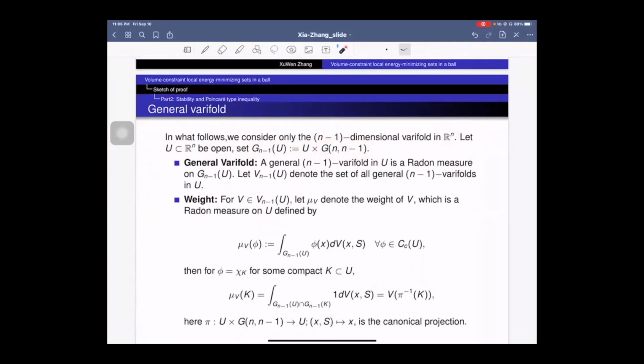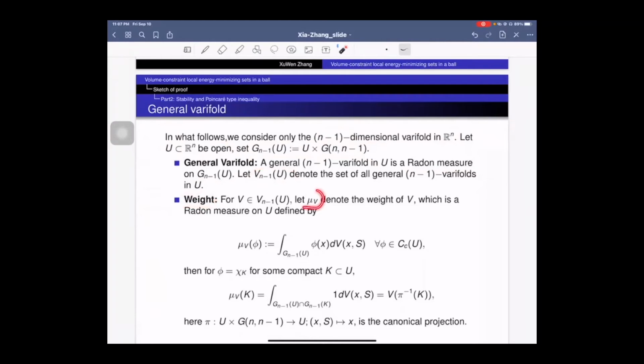And a general varifold is simply a Radon measure on this product space. We let V_{n-1}(U) denote the set of all general n-1 varifolds in U. And for a general varifold, there are several important things. The first one is the weight measure.